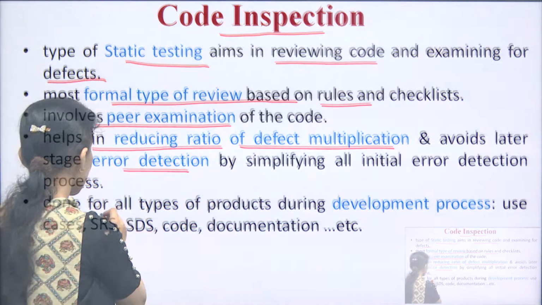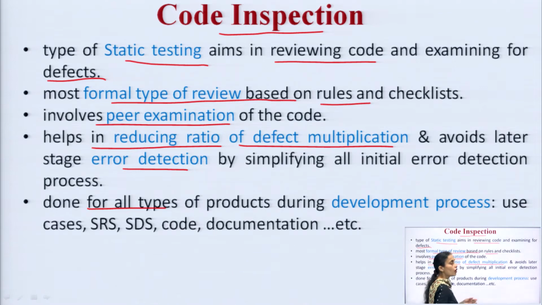This code inspection is done for all kinds of products during the development process. That means it can be done on use cases, on the SRS, on the detailed design, on coding, documentation and so on.